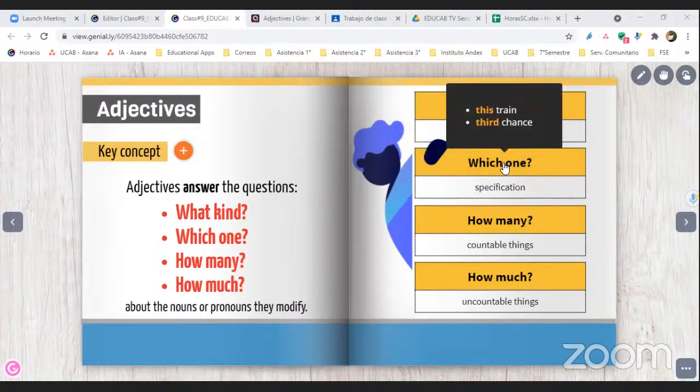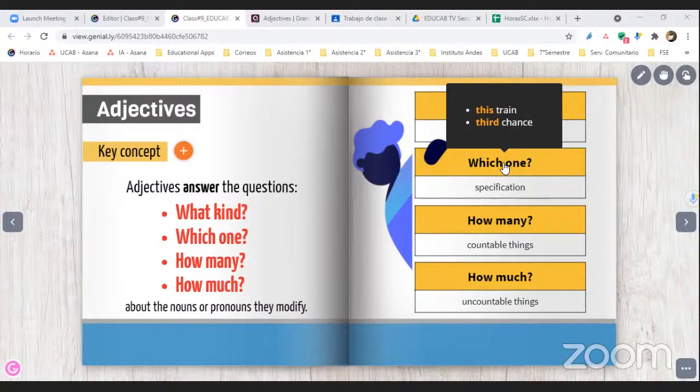When we talk about the question, which one, we can see these examples. This train, okay, and third chance. For example, this, we can use as a demonstrative pronoun when we want to substitute the noun.